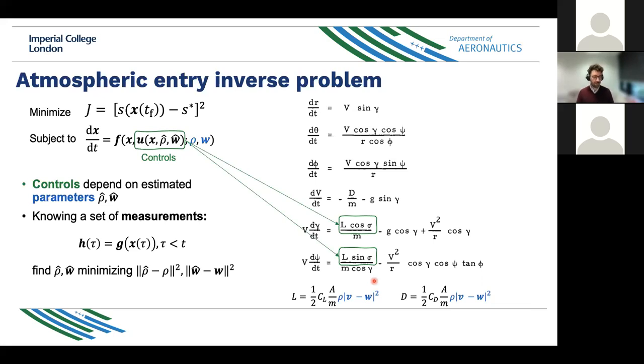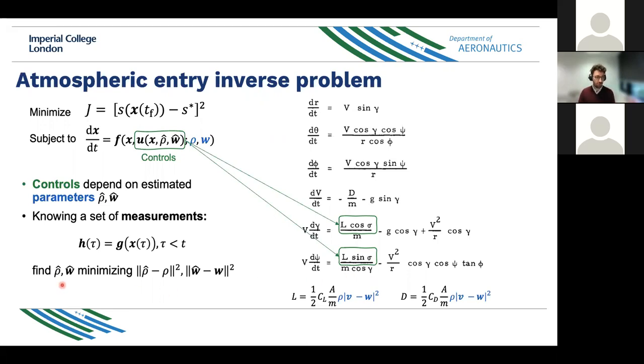So essentially, the statement of the problem is that we have a set of measurements. For instance, we have inertial measurements that are taken by accelerometers on board the spacecraft for all previous times, previous to the current, because we're imagining being on board the spacecraft that's currently descending, and trying to predict the atmosphere in the future times.